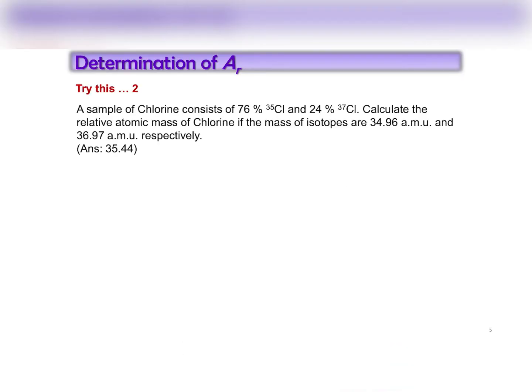Now let's have a look at try this two. So a sample of chlorine consists of 76% of chlorine 35 and 24% of chlorine 37. Calculate the relative atomic mass of chlorine if the mass of isotopes are 34.96 atomic mass unit and 36.97 atomic mass unit respectively.